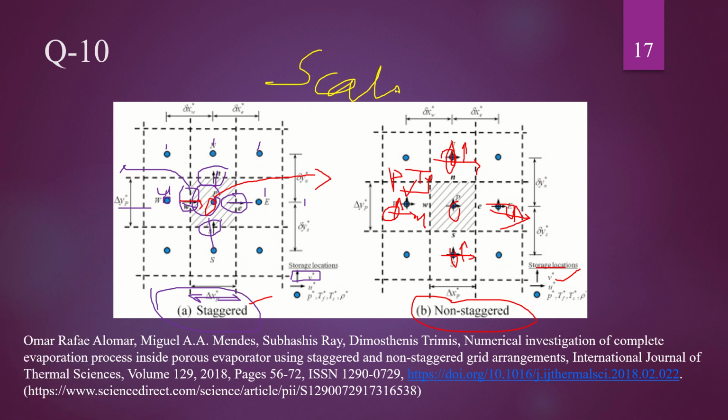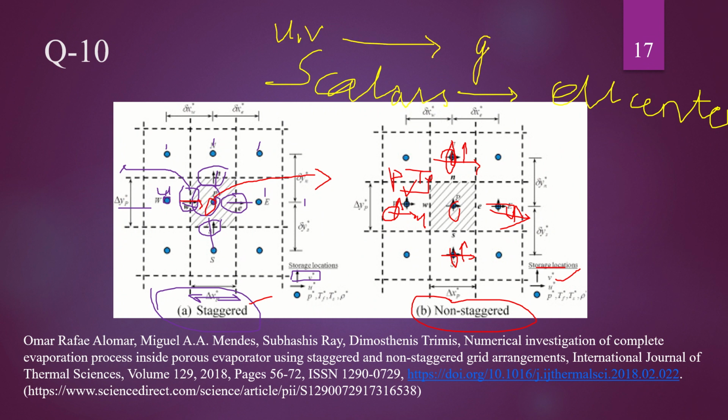Scalars at cell center, and u, v velocity at grid center, like these points. Where is my pointer? Where is this one, and this one, again this one.